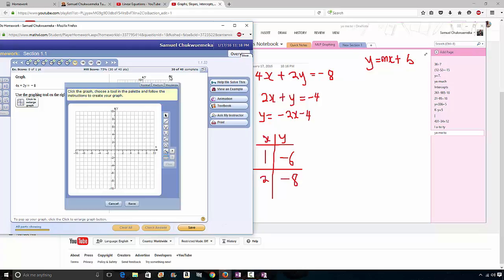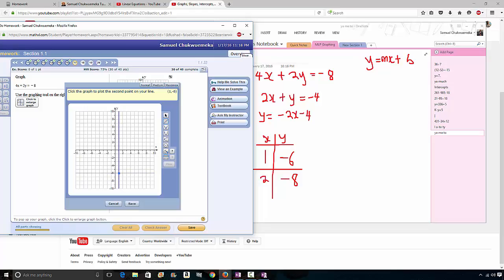All right. I expand this. I get my line. When x is 1, y is negative 6. 1 and negative 6. You see that? You want to use integer values.